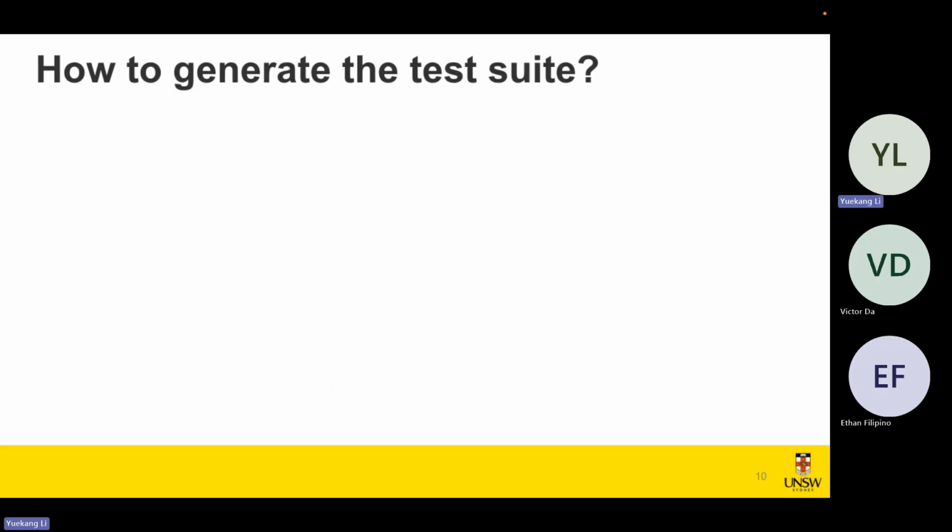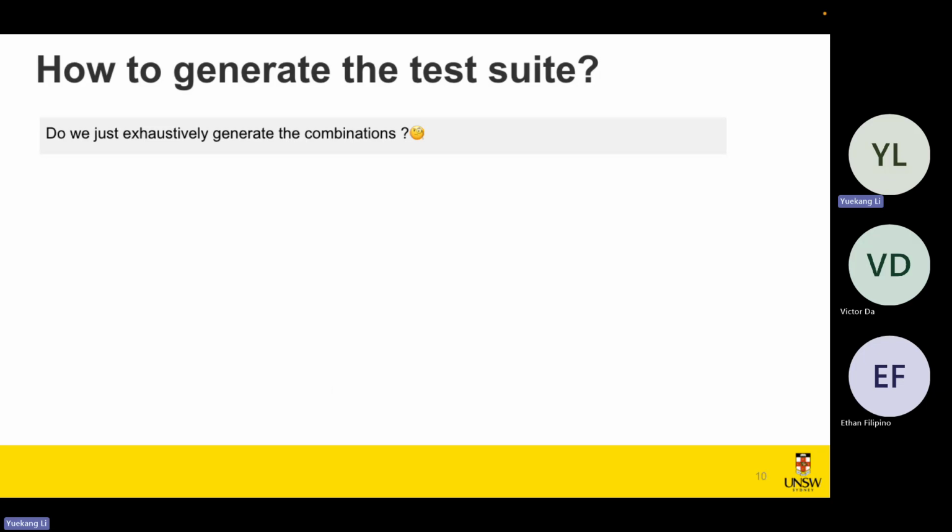And then you may think, okay, now we know that we can try to combine different input parameters and different values of these input parameters to do the testing. But how do we actually generate the test suite? Do we just exhaustively generate test cases for all combinations?